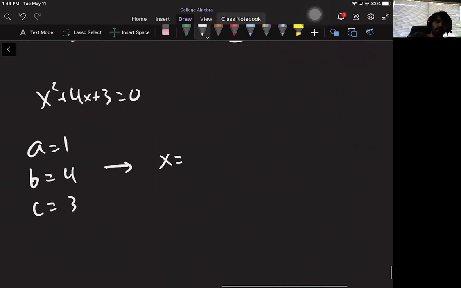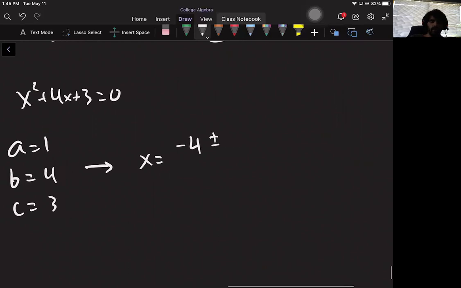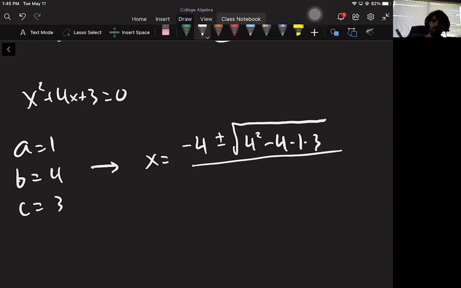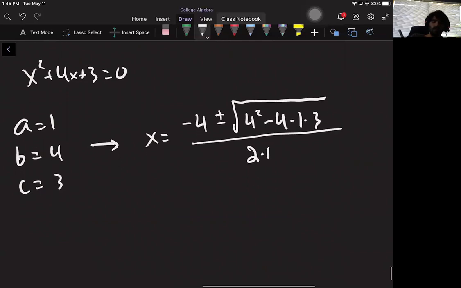And then the quadratic formula says my two answers are -b, plus or minus, since people like to write the plus and the minus together to represent their two different answers, the square root of b squared, which is 4 squared, minus 4 times a, which is 1, times c, which is 3, all over 2 times 1.